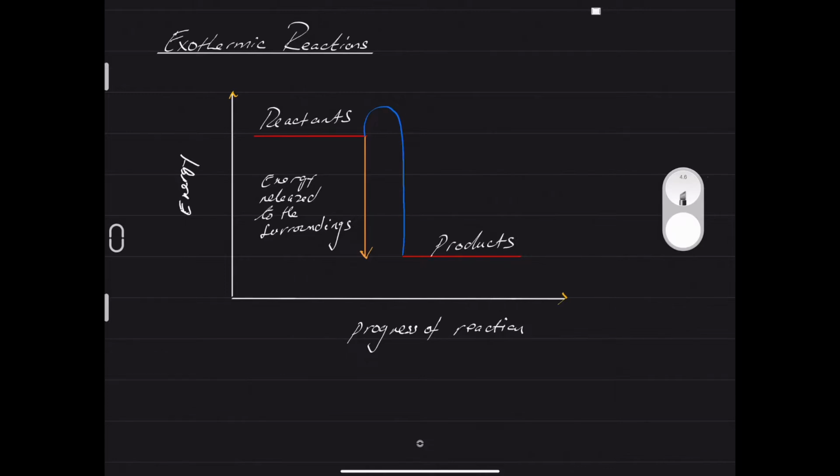Now, an amount of energy equal to the difference in energy between the products and the reactants is transferred to the surroundings. And this is what makes it an exothermic reaction. And this is why the surroundings get hotter and the temperature rises. So you need to be aware of a typical exothermic reaction having this profile.